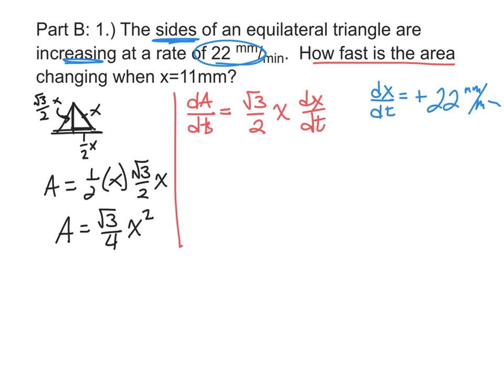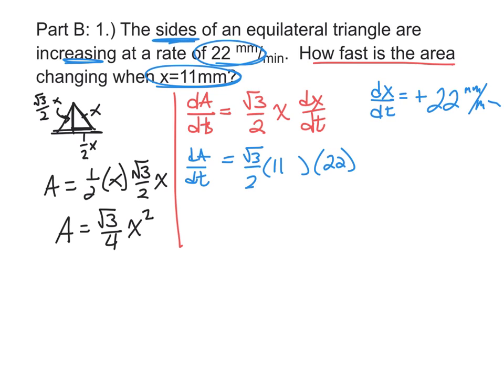So I'll plug that in for dx/dt, 22. The other thing we want to know is when x is 11. So I'll just plug that in for x. And the only variable we have left then is dA/dt, how fast the area is changing.